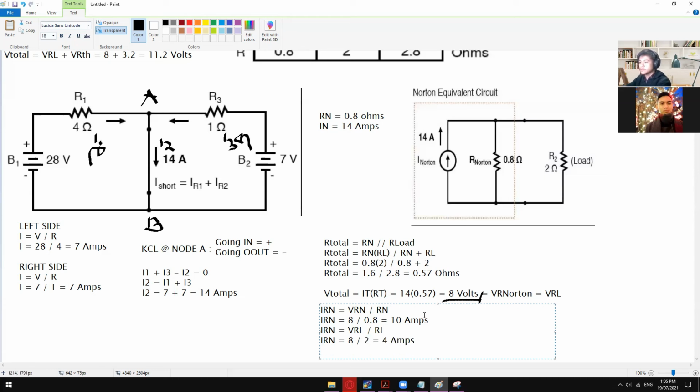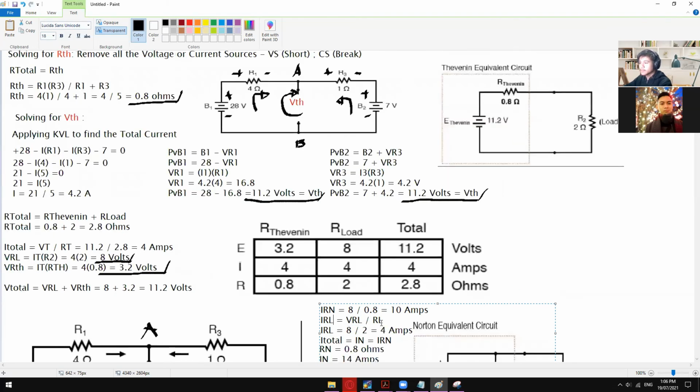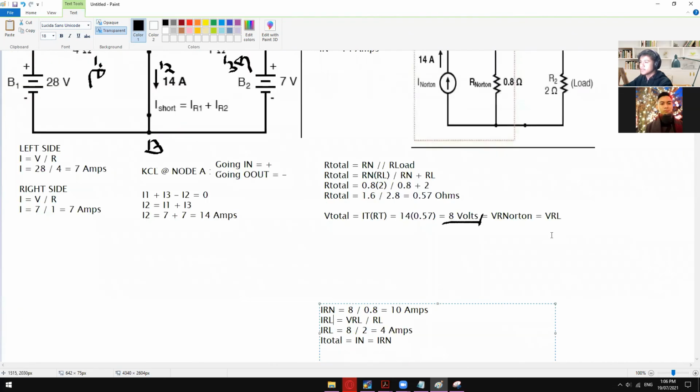Okay. So to check if our current is correct, of course, some current will flow here, and then some current will flow on the R load. So I total, which is equal to our I Norton. So that's IRN. Oops, my bad. IRL too. I think I erased something. It seems something is missing.